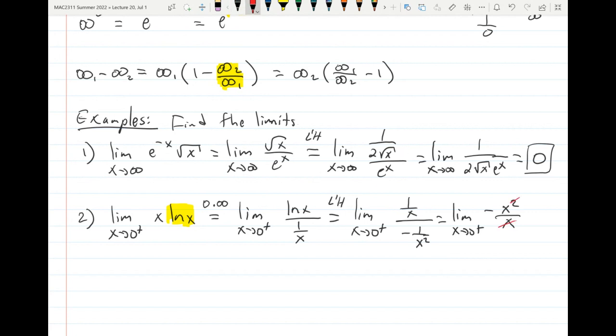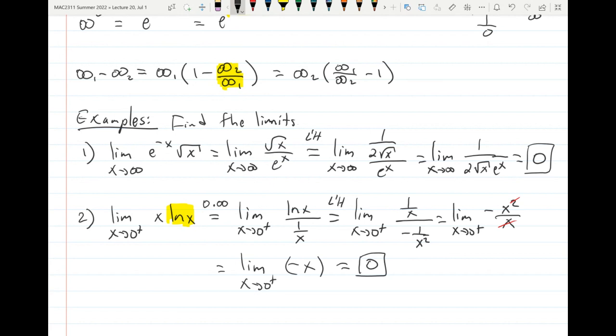The x's cancel out here, so we get the limit as x approaches 0 from the right of negative x, and this limit is just 0. Okay, all right, so we have done some 0 times infinity cases.